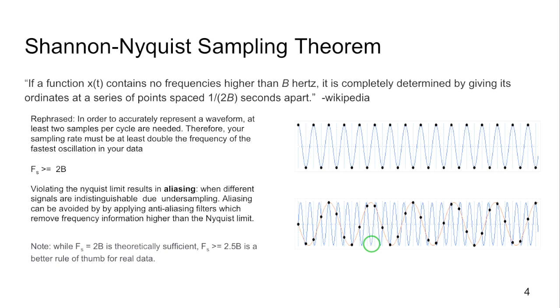And after data acquisition, the Nyquist limit is something important to keep in mind if you ever change your sampling rate by upsampling or particularly downsampling your data. And finally, I'd like to note that while the theoretical limit is twice your highest frequency, in practice it's better to use at least 2.5 and often greater for several reasons.